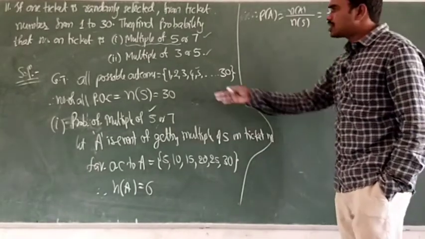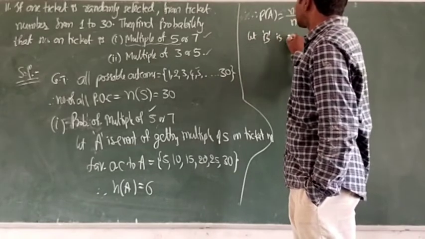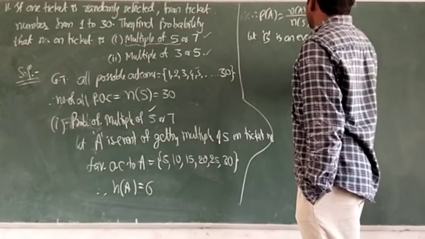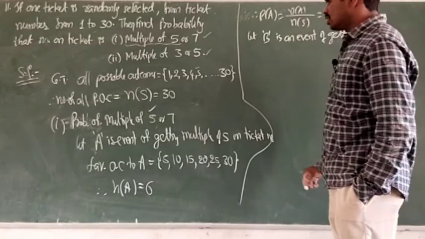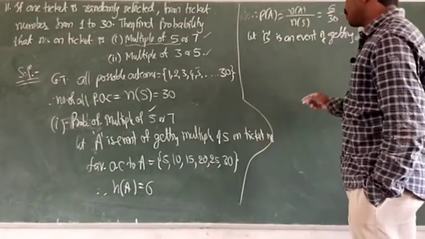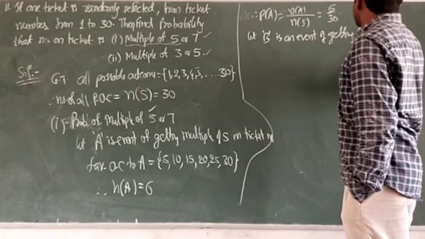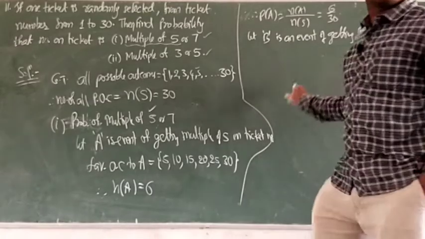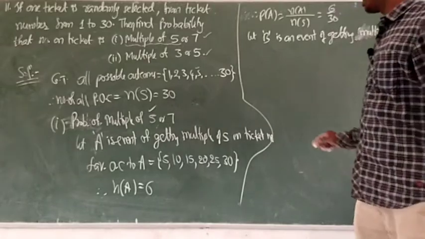Next, second event. So let B be an event of getting multiples of 7 on the ticket number.